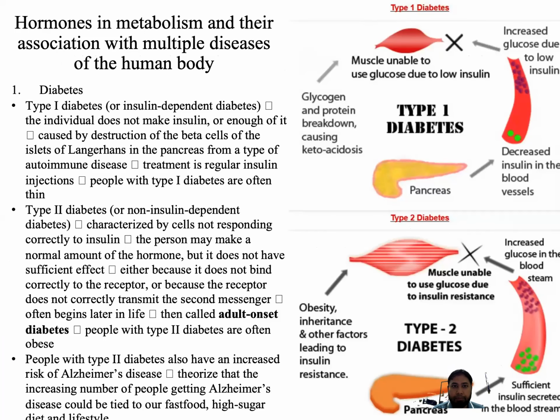This is an example of the metabolism related to type 1 and type 2 diabetes. If you look at the top one, glycogen, and we have the pancreas. Decreased insulin in the blood vessel due to a genetic factor. We call it the congenital type of diabetes, occurring quite early in the child, where you can find the insulin is decreasing.